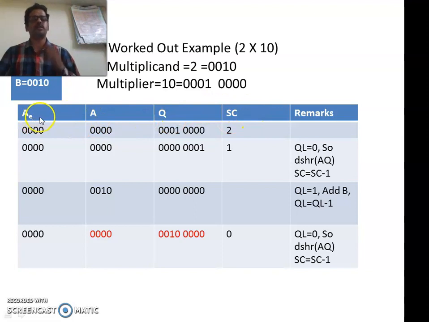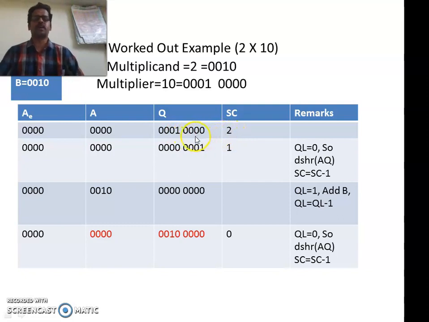A is the most significant digit of register A, so it is initially having the value 0, and register A is cleared to 0, and Q is holding the multiplier digits, that is 0001 0000. SE is going to hold the value based on the content of Q register. Here Q is holding two digits, 0001 0000, so it is set to 2.